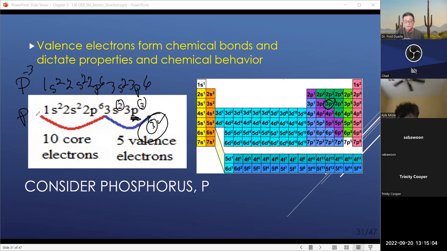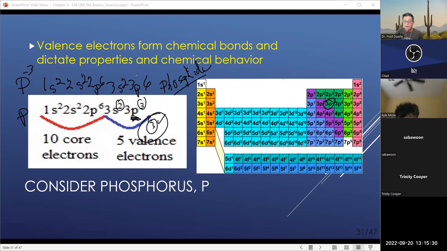This is phosphorus, the element down here, and the one above I just wrote is the electron configuration for phosphide. We change the name from phosphorus to phosphide when it picks up 3 electrons. It does that because it has room for it, and also because it is a non-metal.